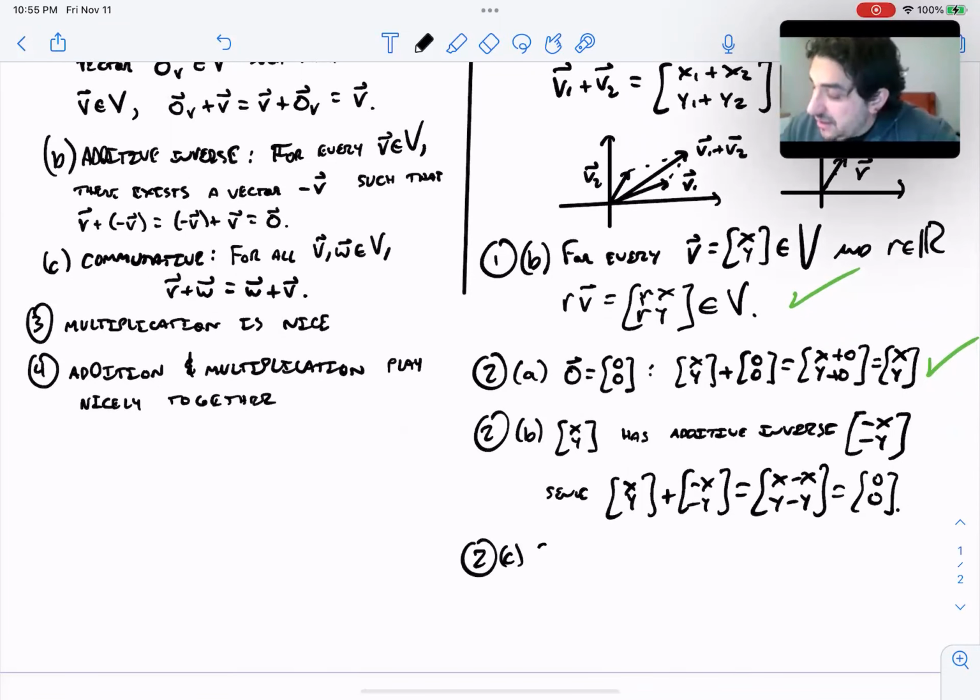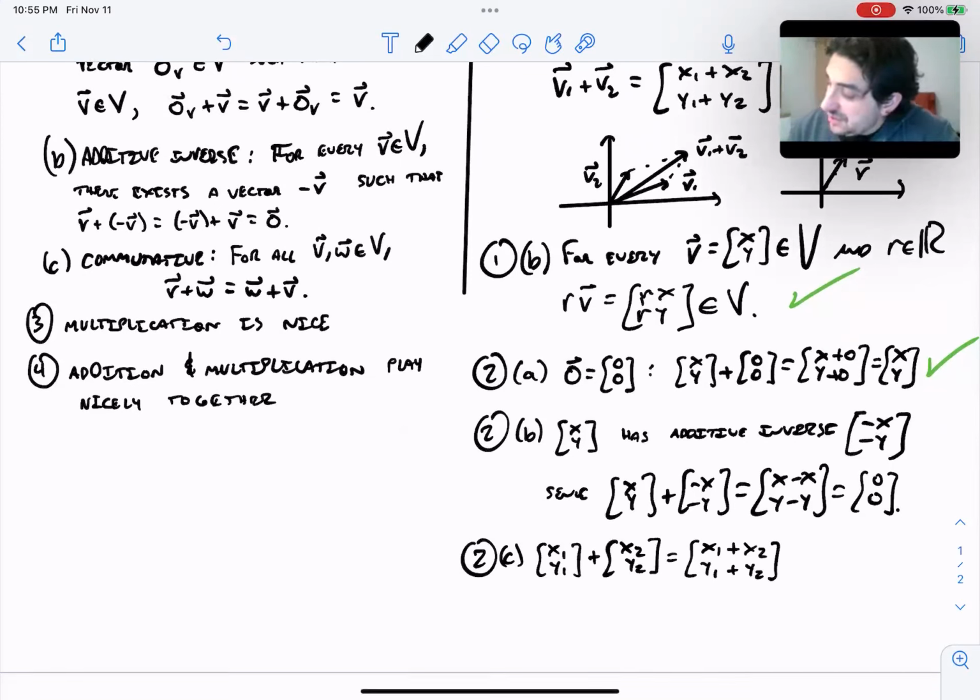Here, and again, I'm not being super formal about my variable declarations here or anything. I wouldn't call what I'm writing a formal proof, but I'm sort of just doing some key calculations that verify that these properties hold. So here, if you add two vectors to each other, well, if you're adding component-wise, we know the basic arithmetic of real numbers is commutative.